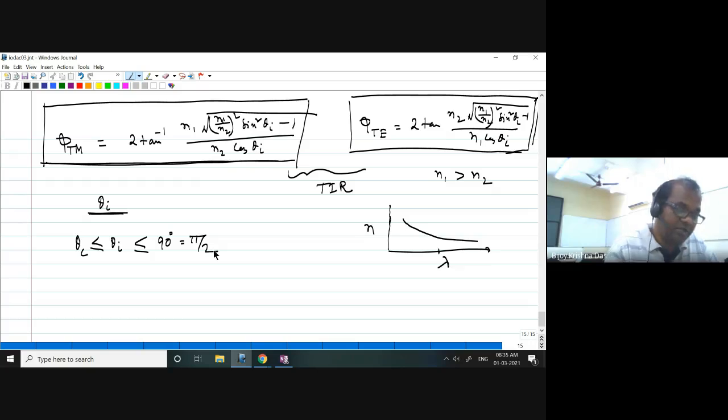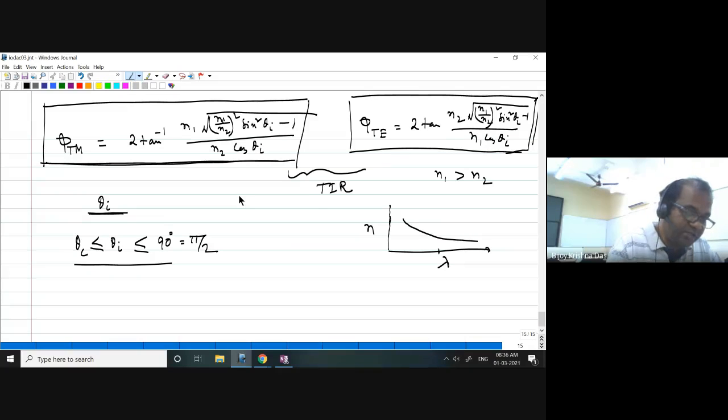Now my question is, as you increase theta I, what would happen to the phase? Because total internal reflection is for a band of angles, you have to consider a band of angle. So obviously you see from this equation that phase depends on theta I, as long as lambda is fixed and N1 and N2 are fixed.